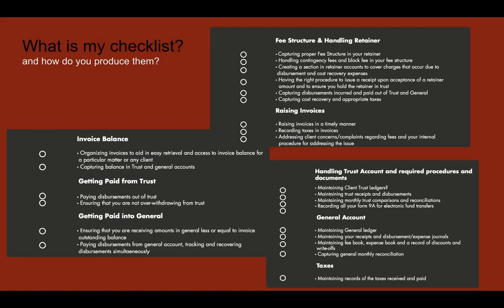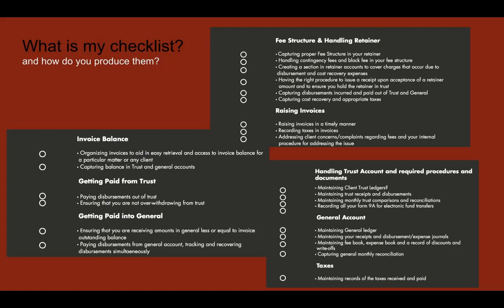And finally, handling all the trust documents, whether you're maintaining the client's trust ledger or client's general ledger, having all the trust receipts, any payments that you receive into trust, any disbursements or any other trust payouts that you're making.